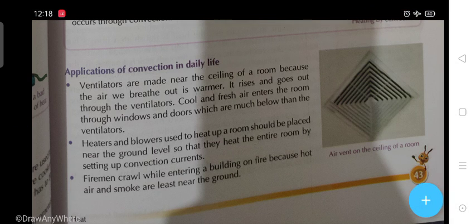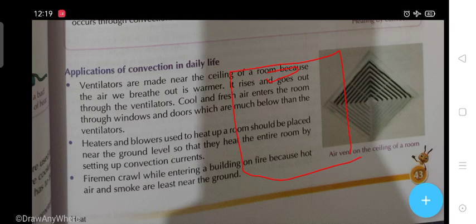Ventilators are made near the ceiling of a room because the air we breathe out is warmer. It rises and goes out through the ventilators. Cool and fresh air enters the room through windows and doors which are much below the ventilators. Students, have you seen at houses, for example, this is the room, and in this room the place of the ventilator is upside.